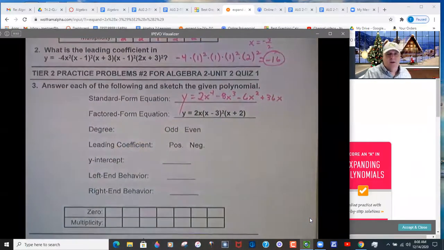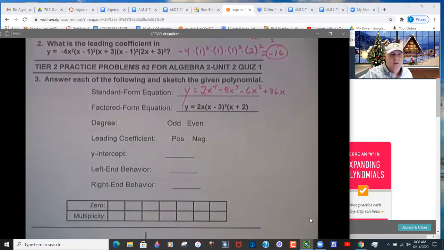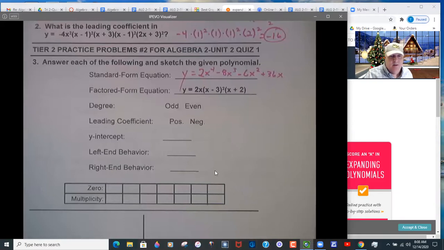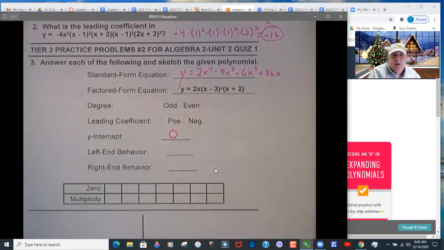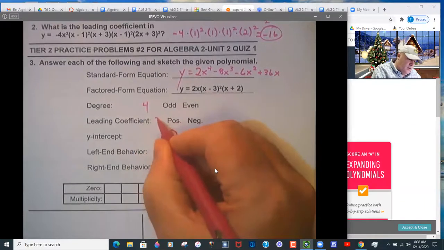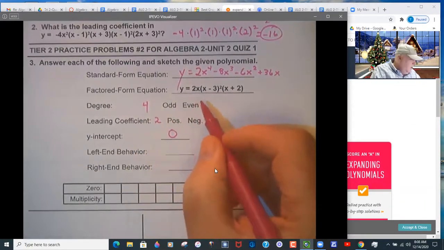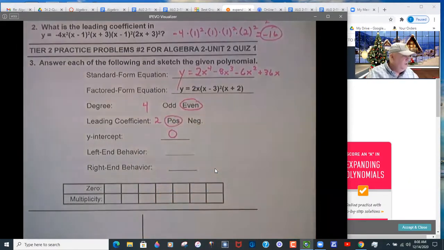So it's good to know the expanded form because it helps us answer a lot of things that we're going to need to answer down here, like the y-intercept, which would be 0 because that's the number added on the end. The degree is 4, the leading coefficient is 2. So we are an even positive.